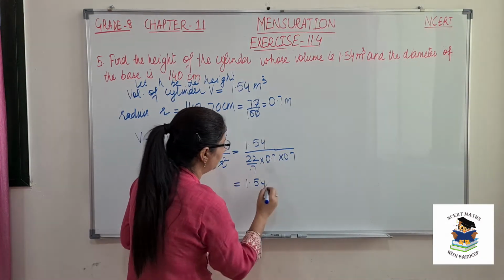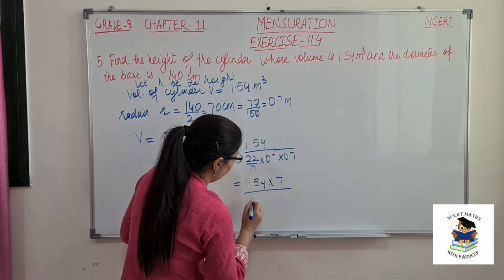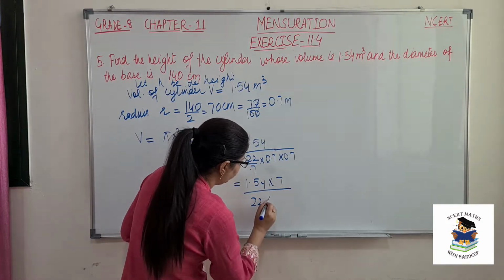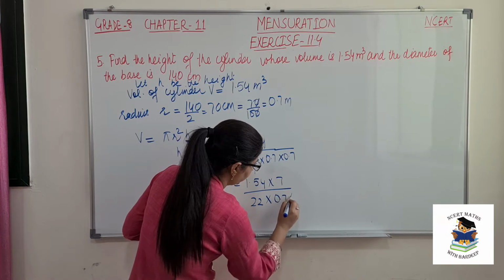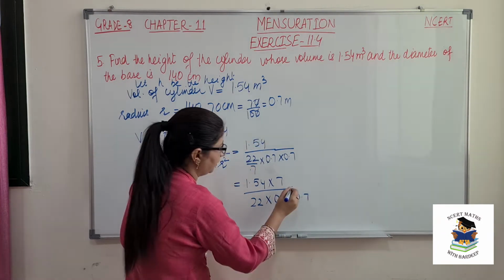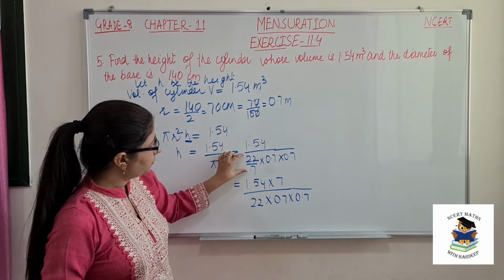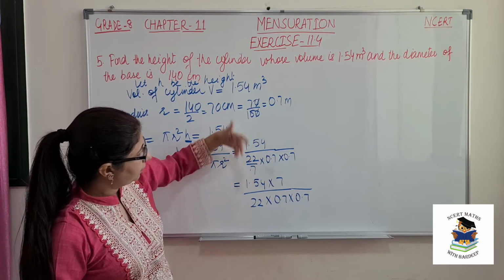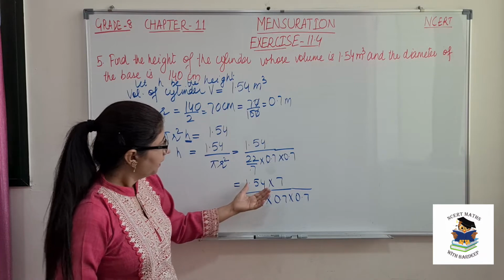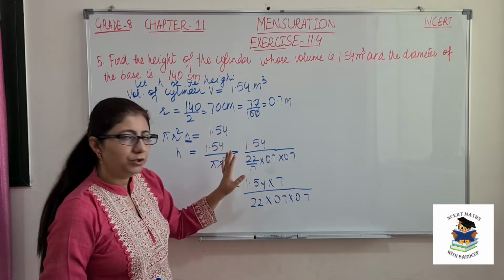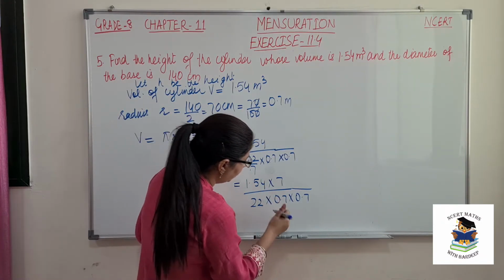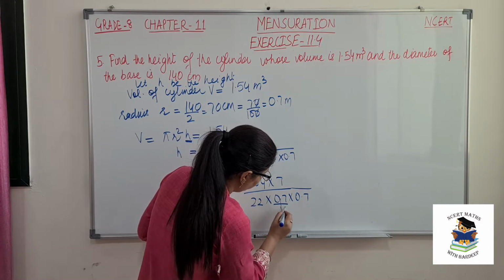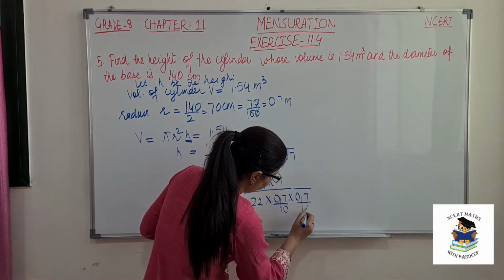This 7 will go up, so 7 here, and in denominator it is 22, then it is 0.7, again 0.7. This step is clear. So since we have fraction here, so already in denominator, so this 7 will be in numerator. So now how to solve this? First remove the decimals. See, again if I remove this is 10 here. If I remove this is 10.